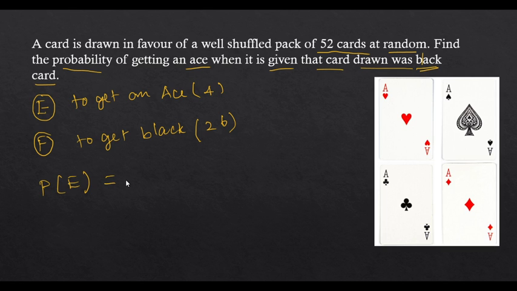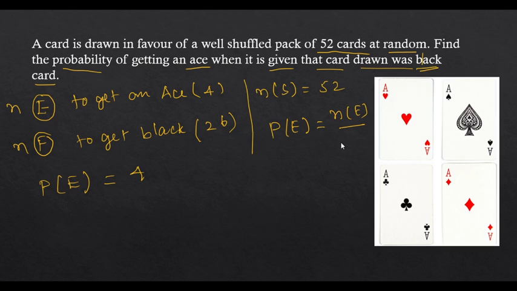So what is the probability of E? That is 4. And what about the sample space? The number of sample space elements is 52. We know the general formula for probability: the probability of a particular event is the number of elements of that event divided by the number of sample space elements.